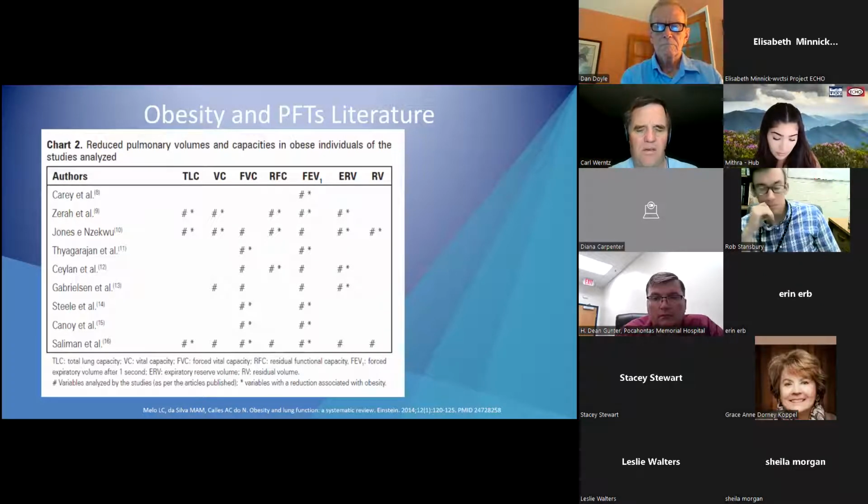Carl, the further question is, when you present this evidence to indicate that someone who is obese is in fact eligible for black lung, how persuasive is this evidence to the examiners? I don't actually know the answer to that. I almost never know what the final outcome was for the patients that I evaluate.